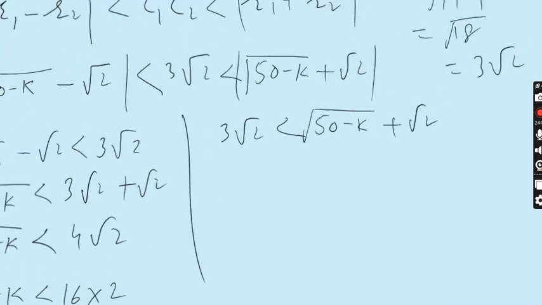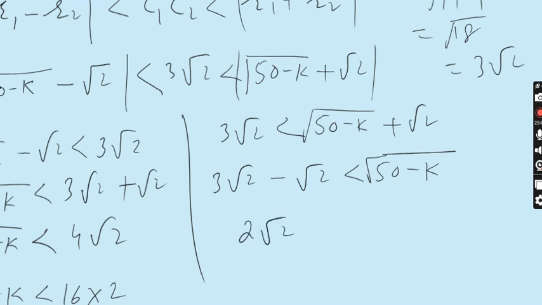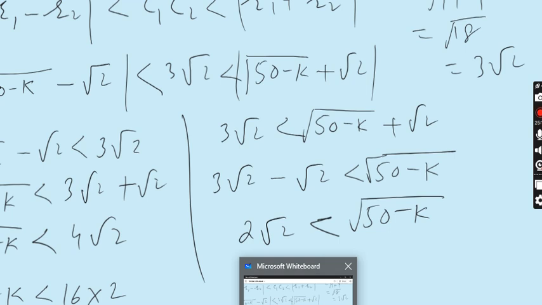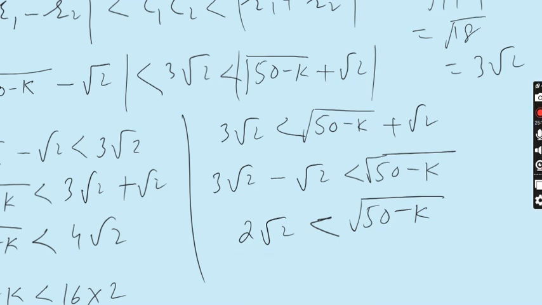Next, 3 root 2 minus root 2 is 2 root 2, which is less than root of 50 minus k. 2 root 2 square is 4 times 2 is 8, and root of 50 minus k whole square is 50 minus k.